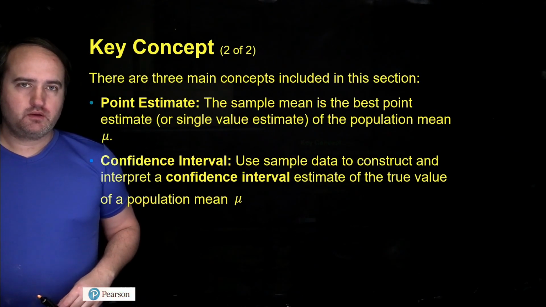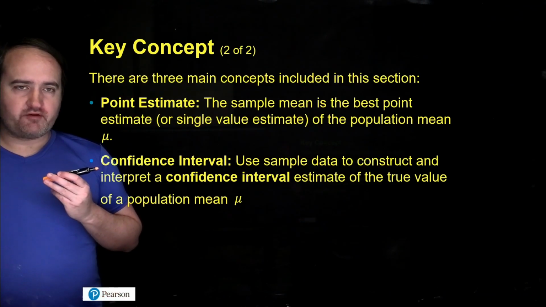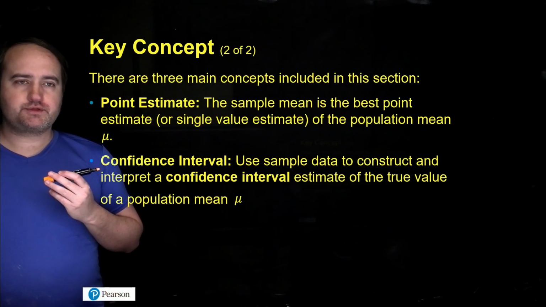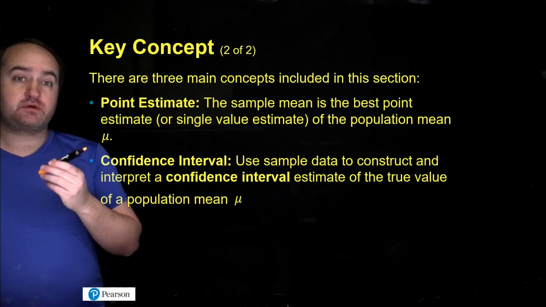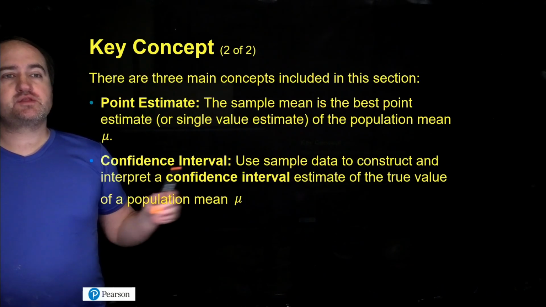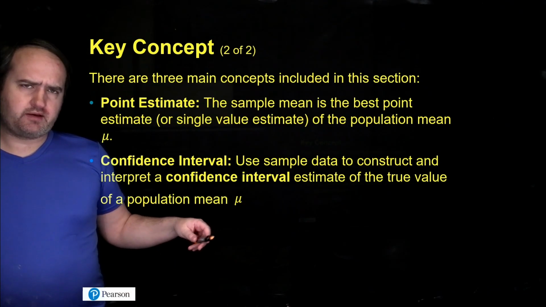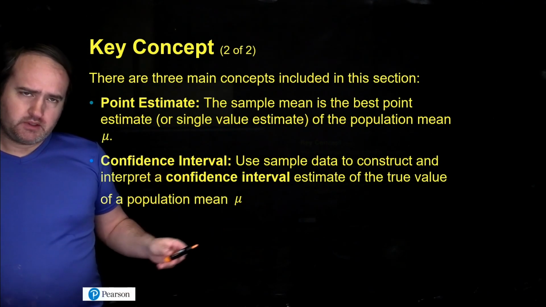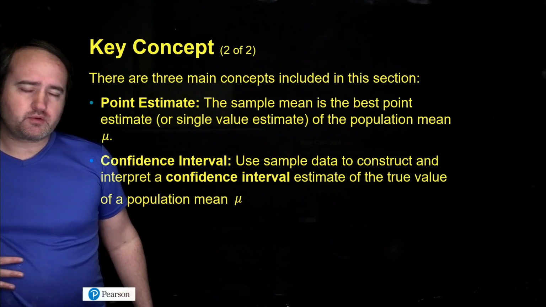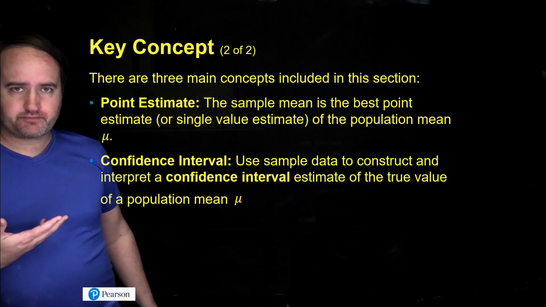And then we're going to construct a confidence interval for mu now using the sample data, and you're going to notice that it's very similar to the formula we used in the previous section.